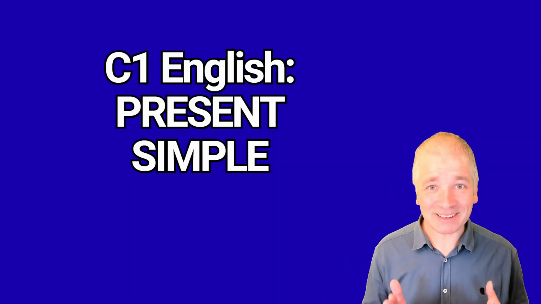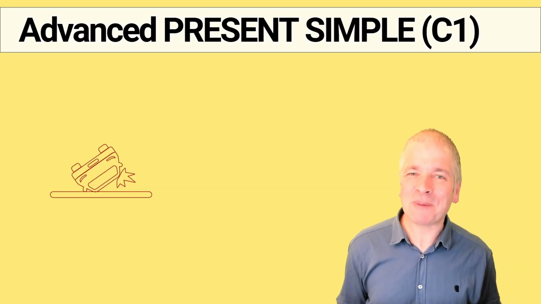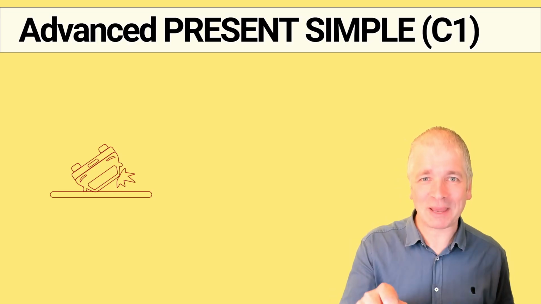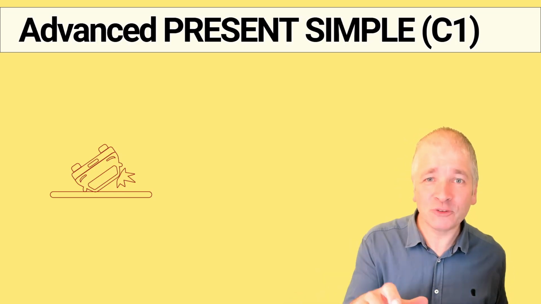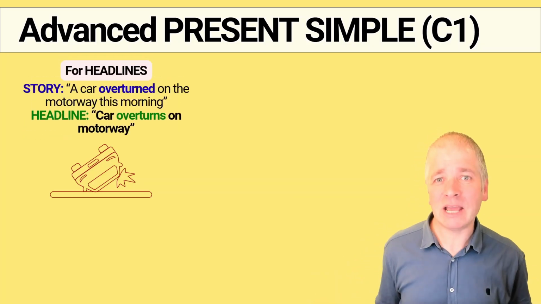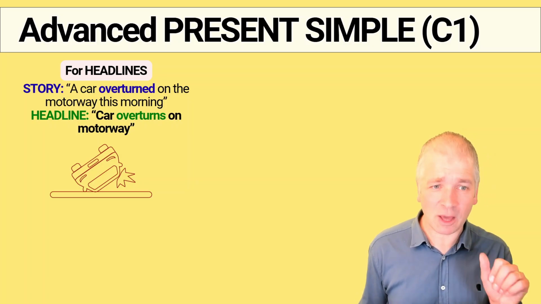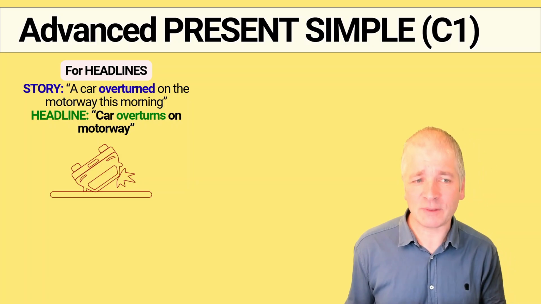Now, you probably didn't expect to see the present simple on this video, but there are some aspects which belong to the C1 grammar category. What's happened to this car? Well, when this happens, there's often a headline in the newspaper. The situation is this. The story is a car overturned on the motorway this morning.